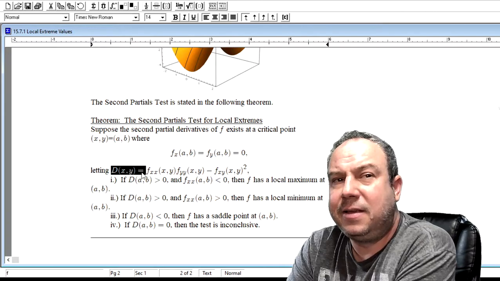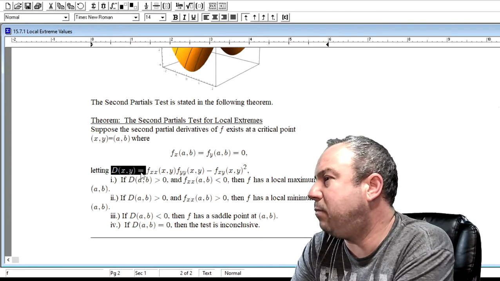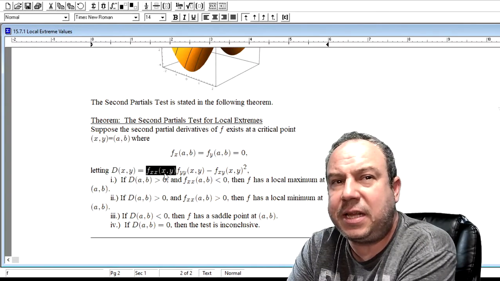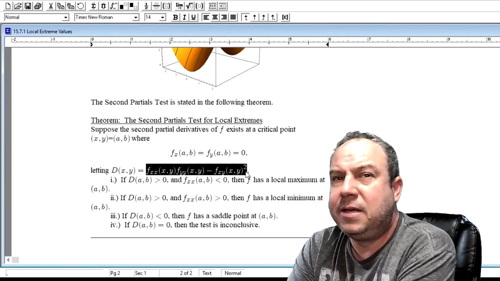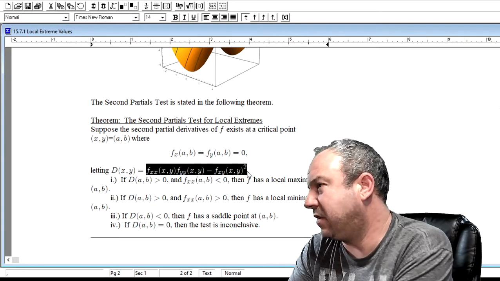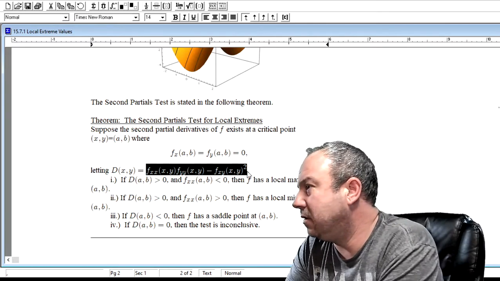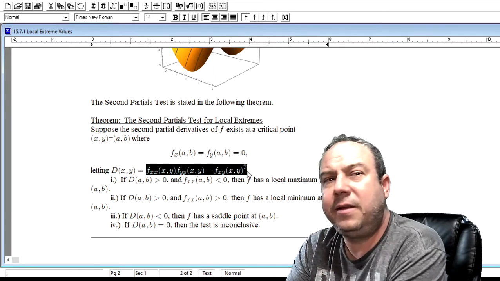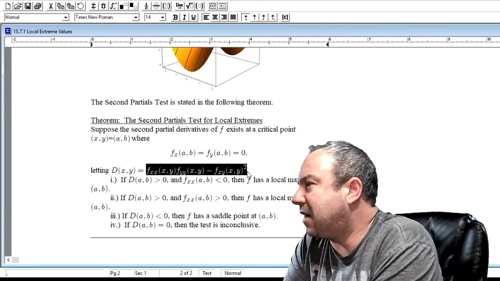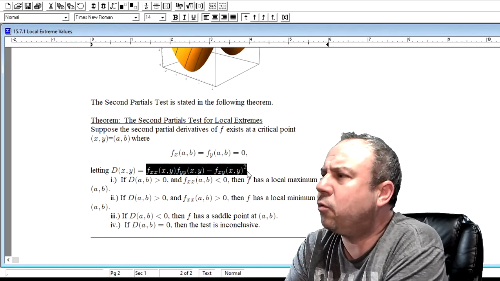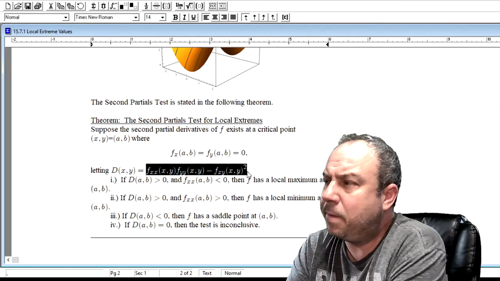Letting D(x, y) be the calculation seen here made with the second partial derivatives of f and the mixed partial, letting D(x, y) be what we call the discriminant of the test.